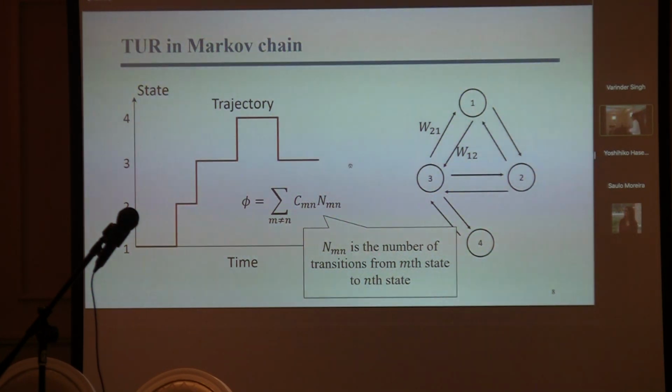TUR is interested in observables like this one. Here, N_MN is the number of transitions from state M to state N within some time window, and C_MN is a weight matrix. So this is the observable of interest in TUR.